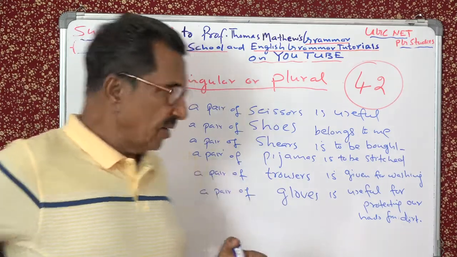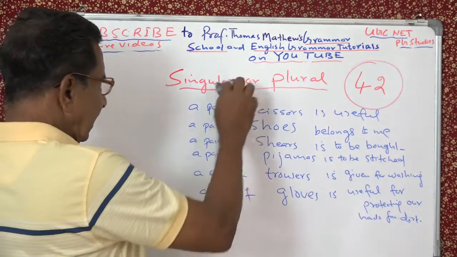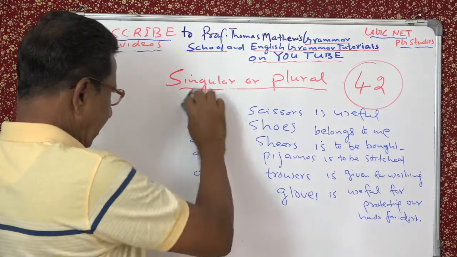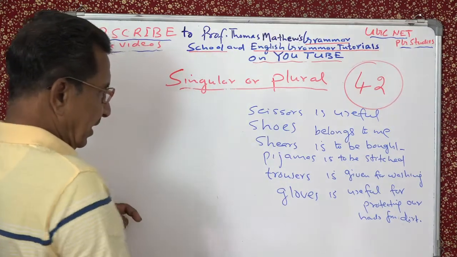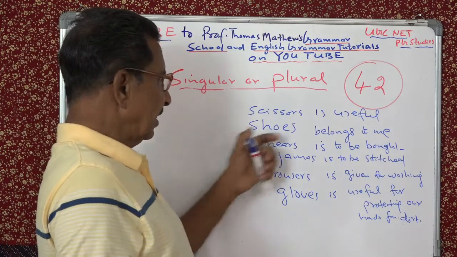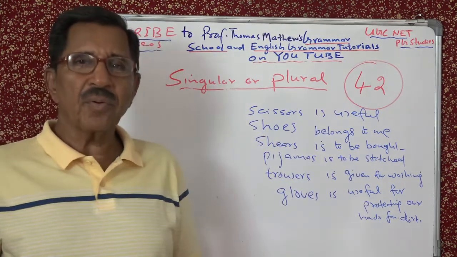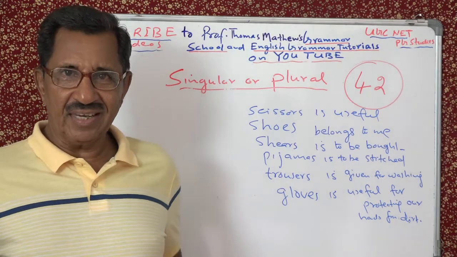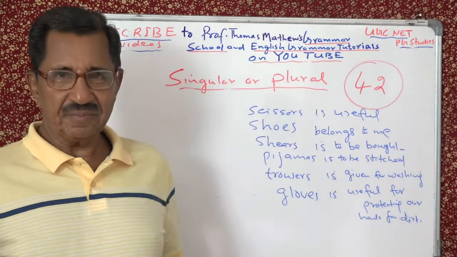Simple, isn't it? But, on the other hand, suppose you remove this pair of. Then these nouns will become plural. That is the point.